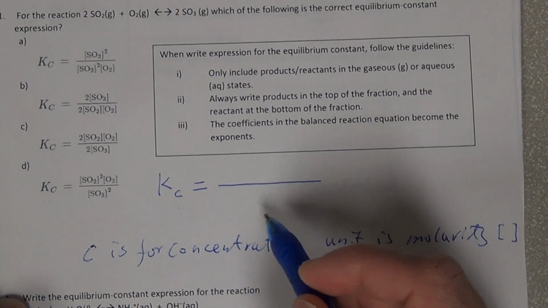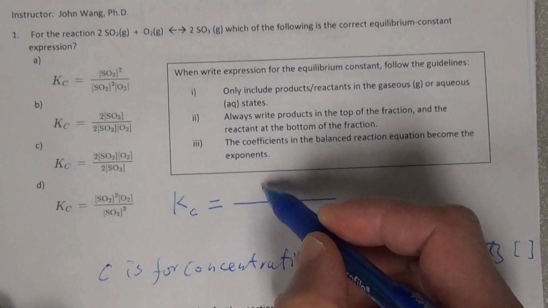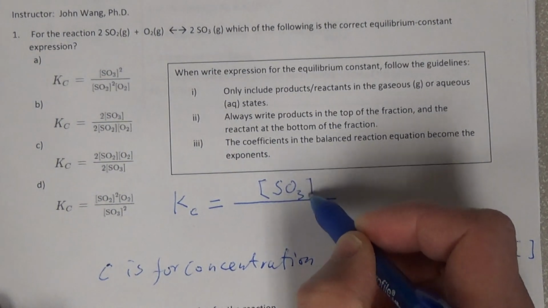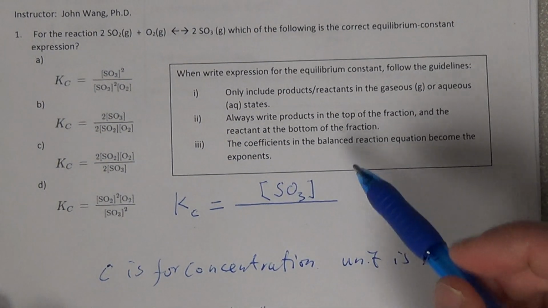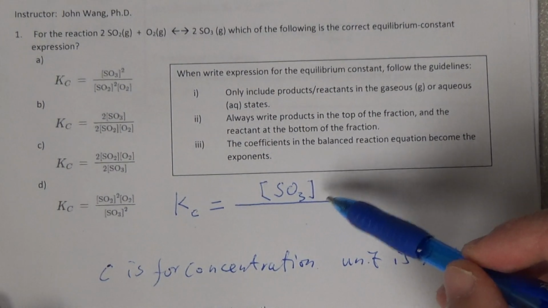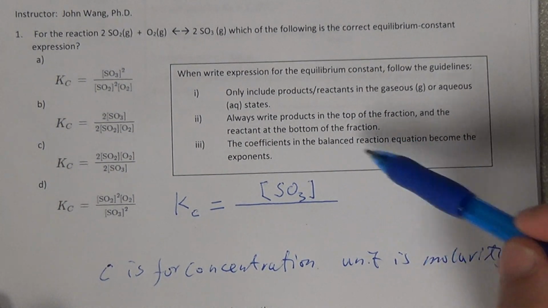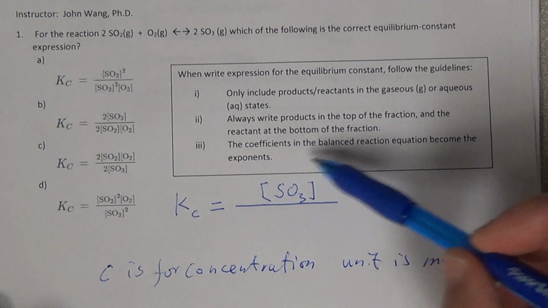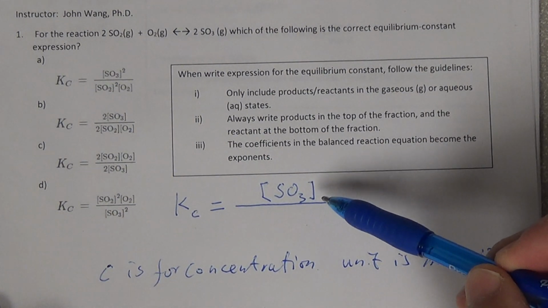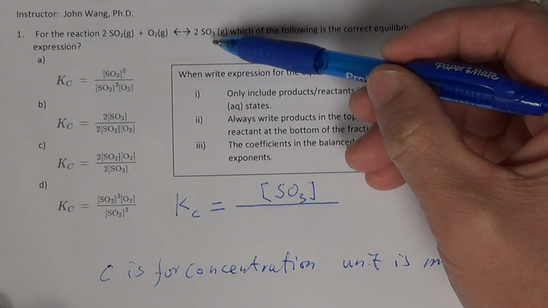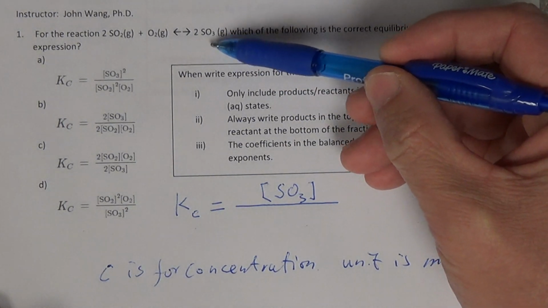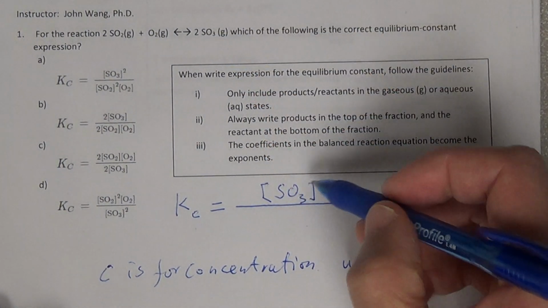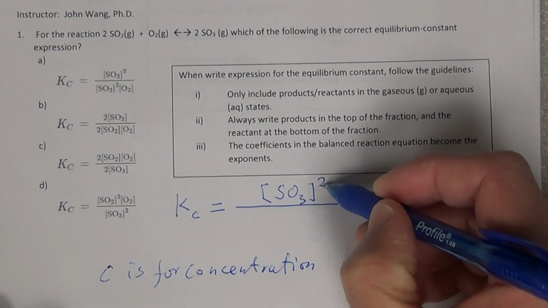So the molarity of SO3 will be the angle bracket SO3. Then see the last guideline: the coefficient in the balanced equation becomes the exponent. The coefficient for SO3 in this example is 2, so we'll use 2 as the exponent. We'll put 2 here.